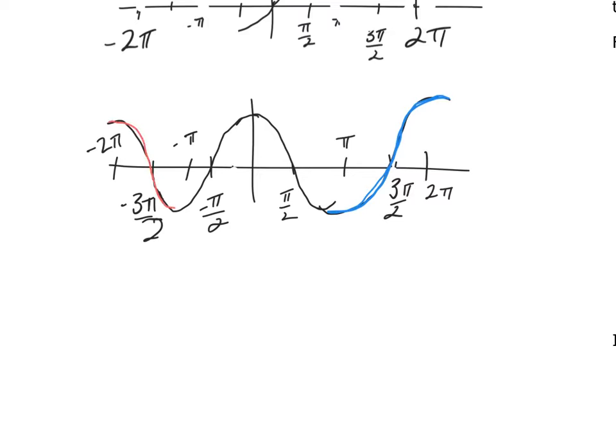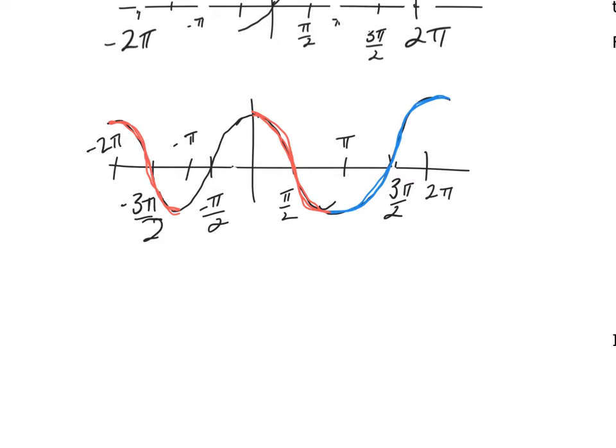So here? Oh, so you want to cut it again here? It's okay, you don't know. So let me ask you this. If I cut it in those two places, does it pass the horizontal line test? So in those two red places, does it now pass a horizontal line test?